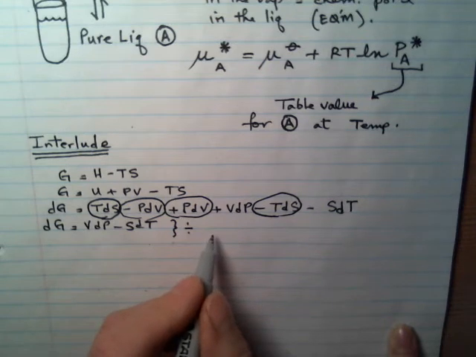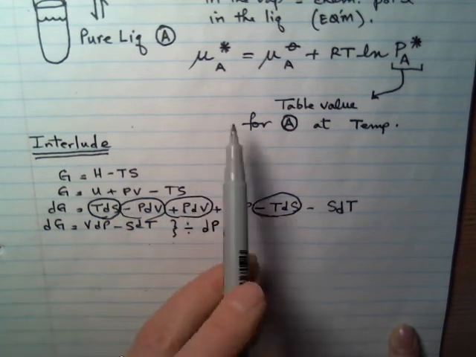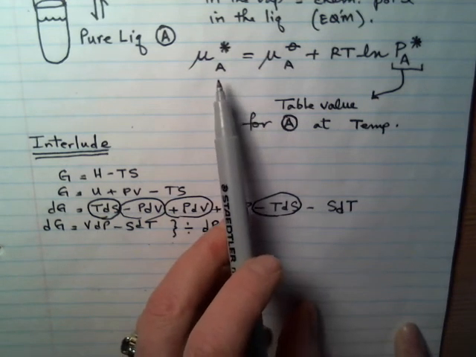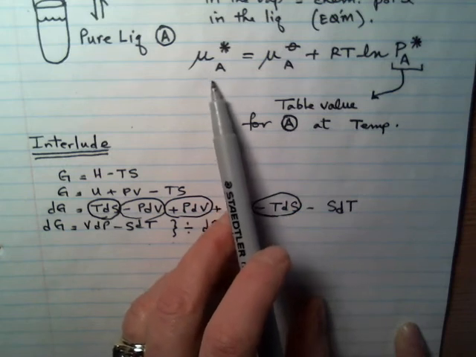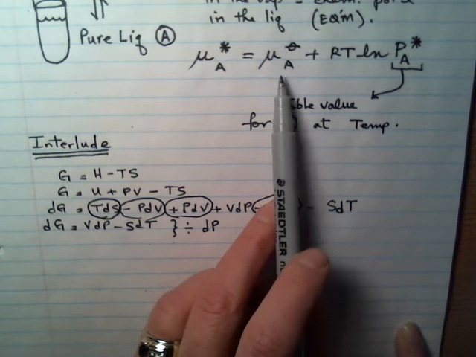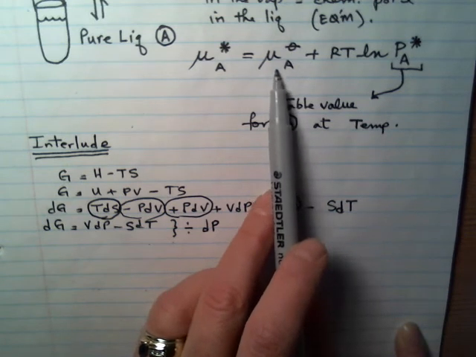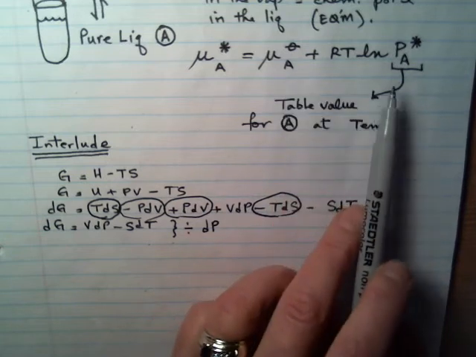So what I want to do at this point is divide by what? Pressure. Yeah, of course. Because up here I'm noting that the chemical potential depends on pressure. The chemical potential for a certain state is always referenced to its standard. So it's equal to the chemical potential at standard pressure plus accounting for the fact that I'm not at standard pressure. So it's depending on that pressure.